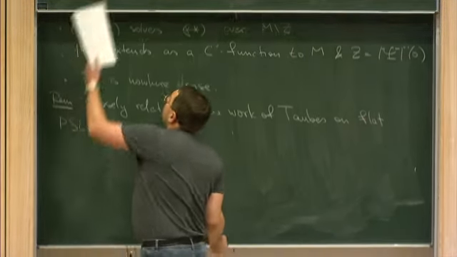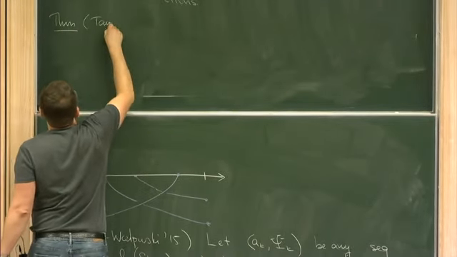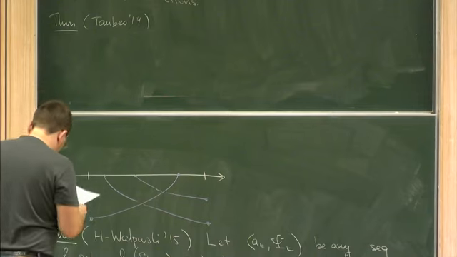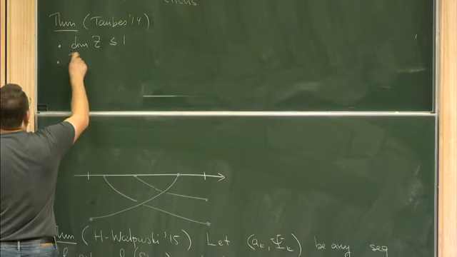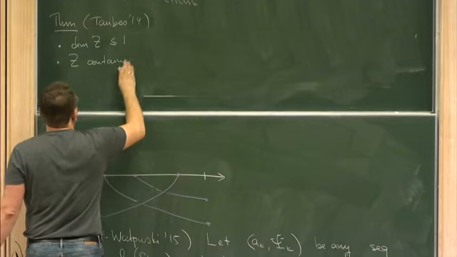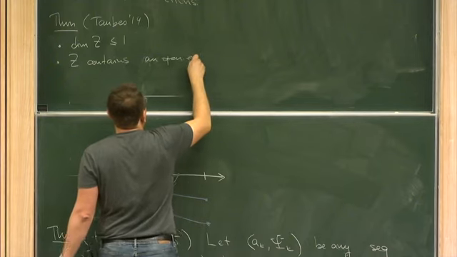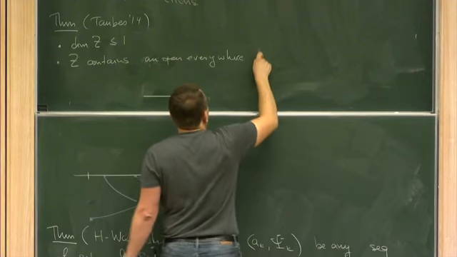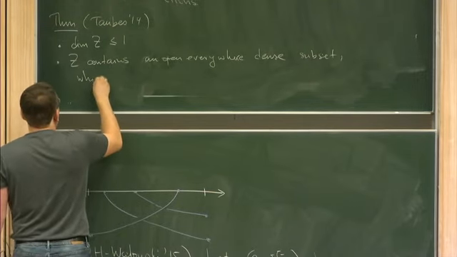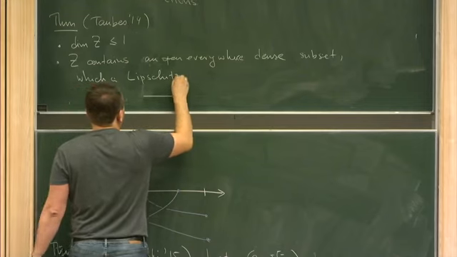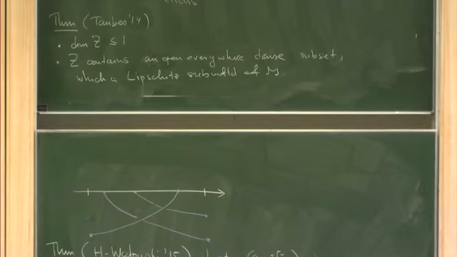There are a few results about that, namely a theorem due to Taubes roughly in 2014 says that the Hausdorff dimension of Z is at most 1, and that Z contains an open, everywhere dense subset, which is a Lipschitz submanifold of M.